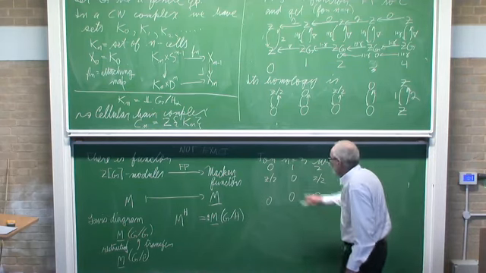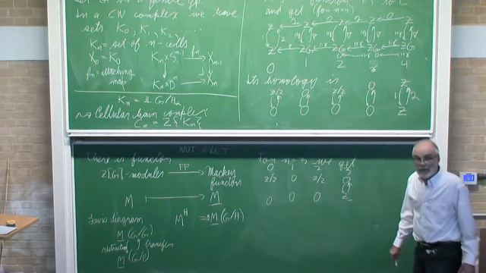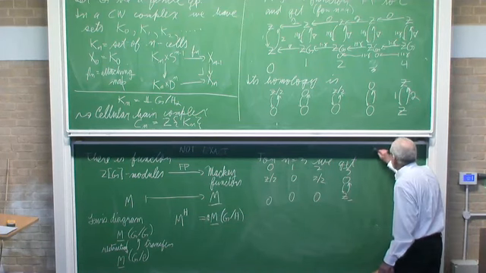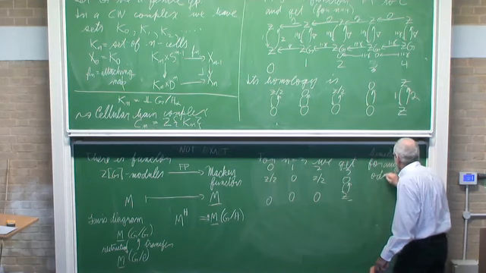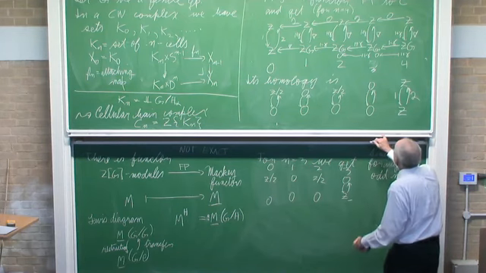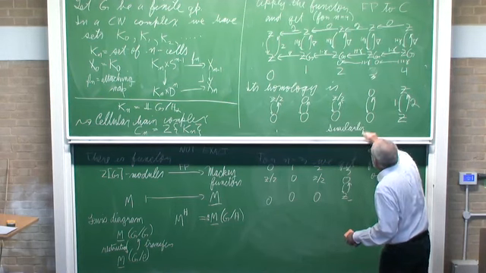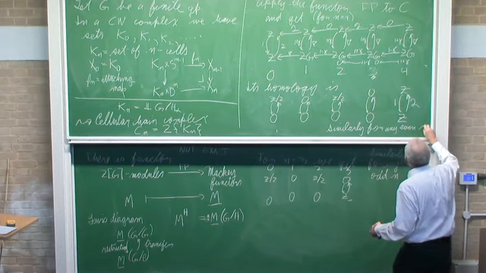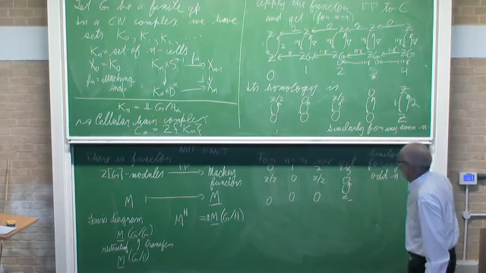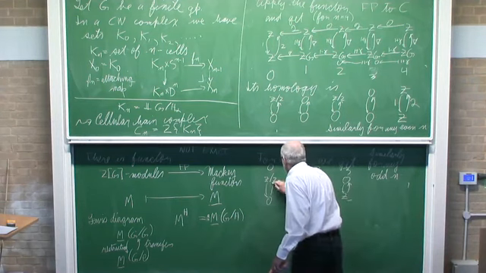So this is a Mackey functor. Anyway, the same kind of thing is going to happen for any odd value of n, even n equals 1. And so you're always going to get these Z mod 2s, these Mackey functors.